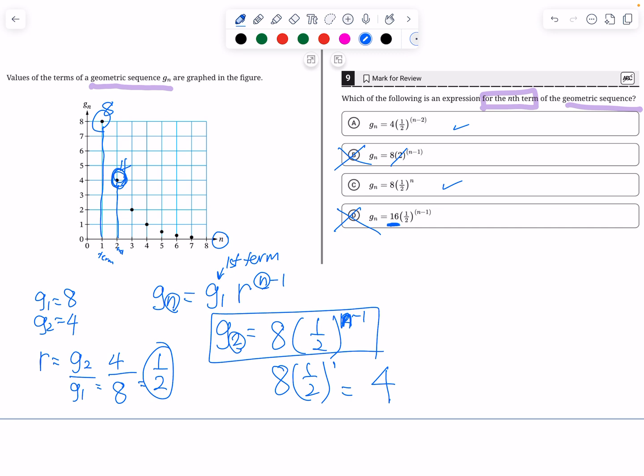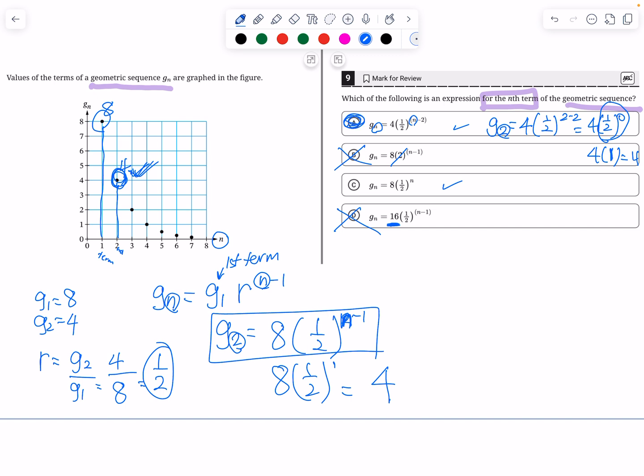When I plug in over here, G, and let's say the second term, 4 times 1/2 to the n, so n I'm going to plug in just like I see it in the formula, 2 minus 2. 2 minus 2 is 0, and anything to the 0 power is 1, so 4 times 1 is 4. And if I check back to my second term, it was 4, so that worked.